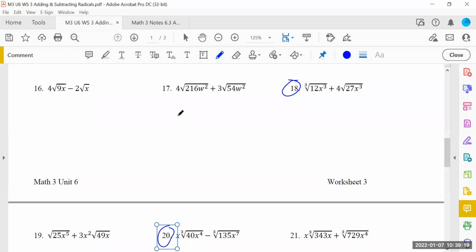And still have an x left over. That makes sense. Do you understand? Perfect.